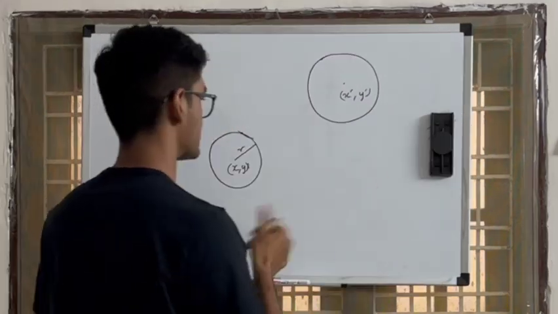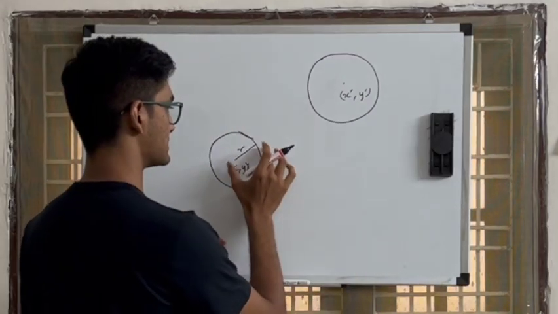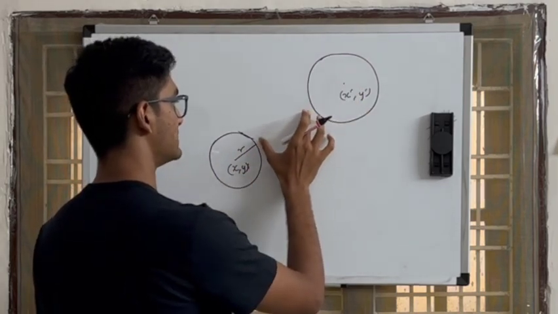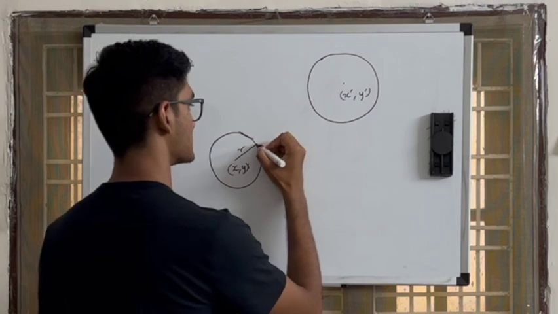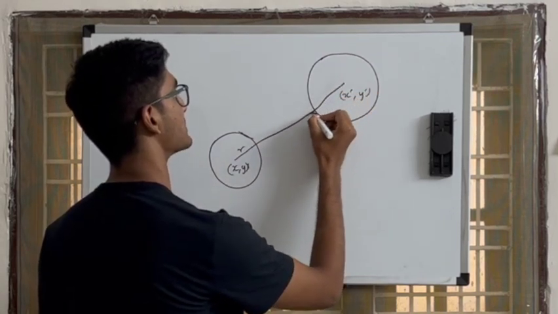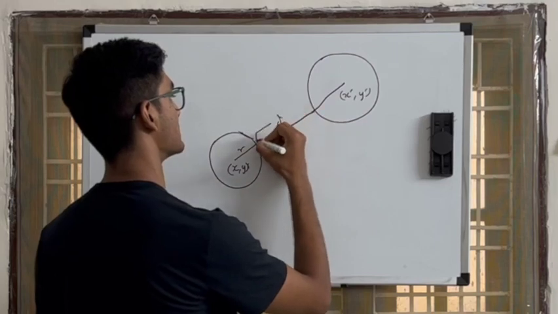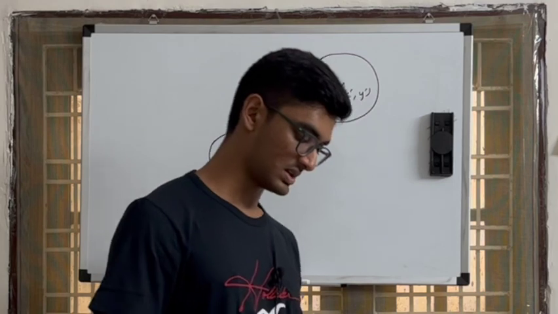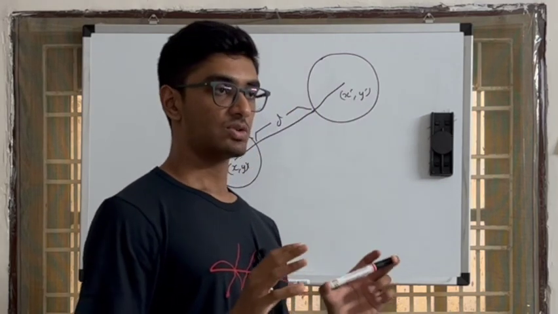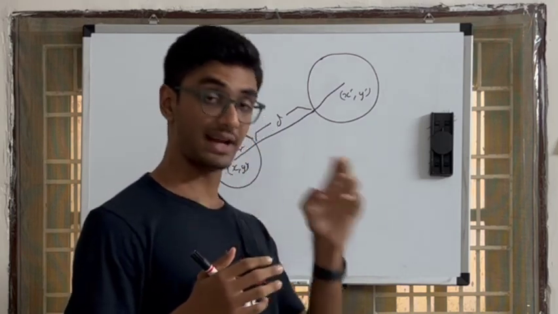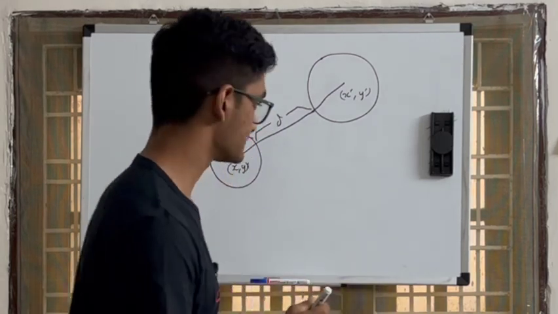See, you take this point and this point, right? We need the distance between them, which is D. Let's take it as D. This distance should be minimized as much as possible. How do we minimize this distance? First things first, before we minimize it, we need to find it, right? How do we find it?